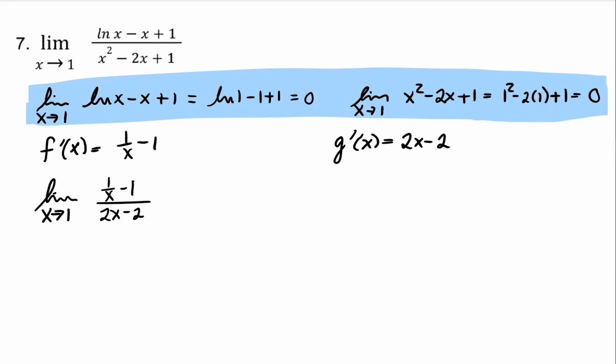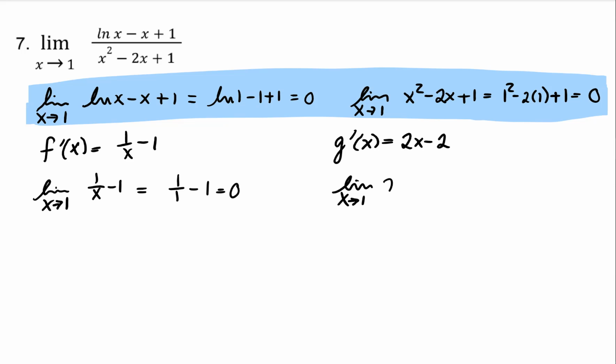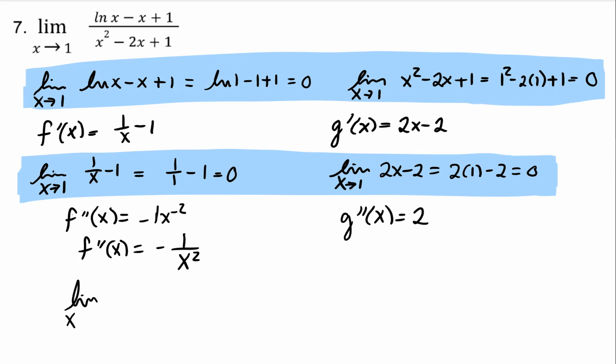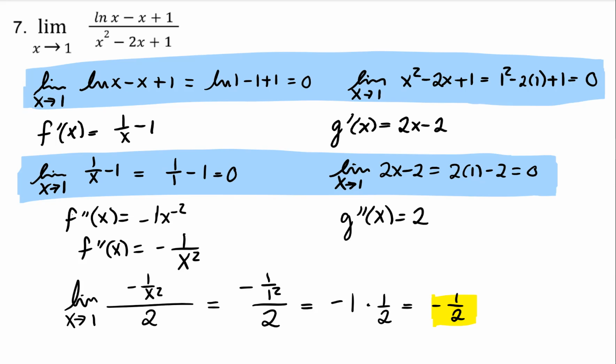And direct substitution is going to give us 0 over 0 again. Let's show those limits. Derive again. This would be x to the negative 1. With direct substitution, our result is negative 1/2.